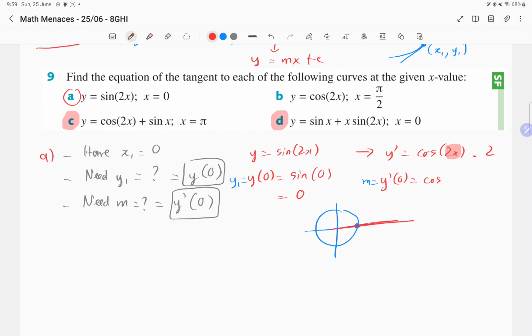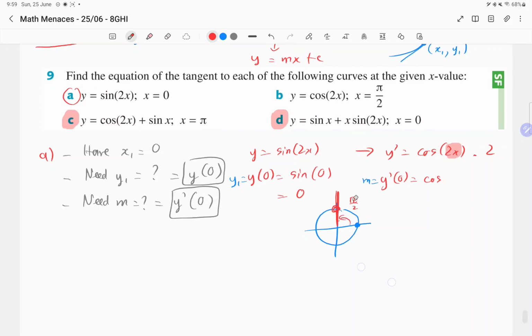The middle point on the top is pi on 2, because you moved that line by 90 degrees. So 0 means you don't move that line at all. It's just the point on the right hand side, and that coordinate is cos is 1, sine is 0.